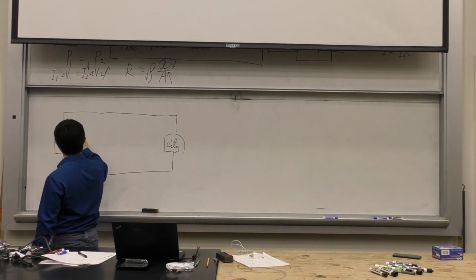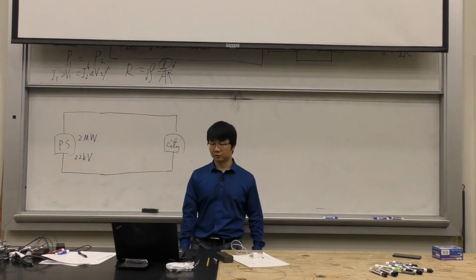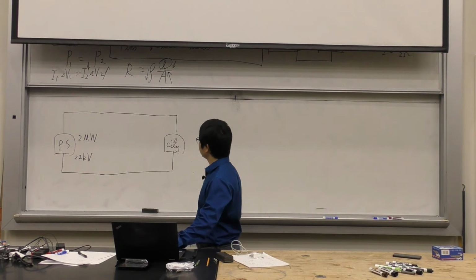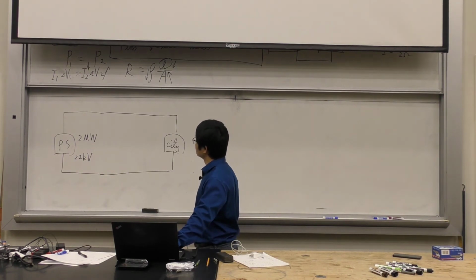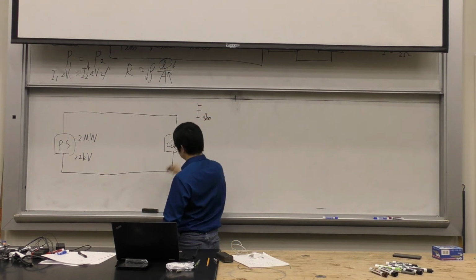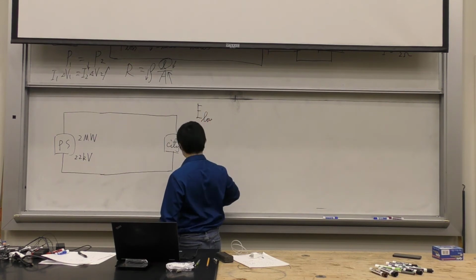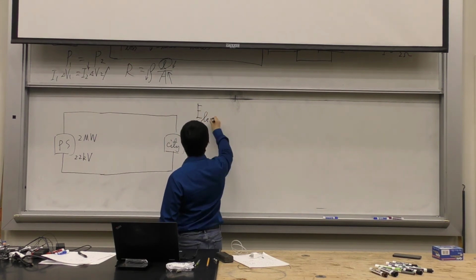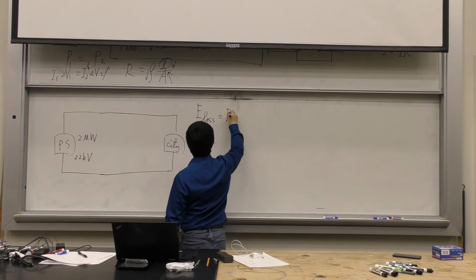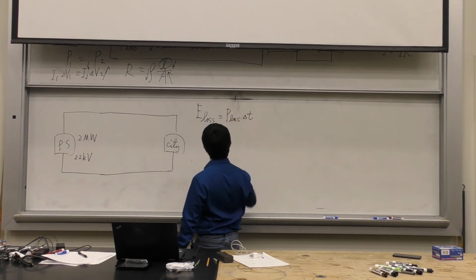And this wants to deliver 2 megawatts to the city, okay? So how do I calculate the energy lost, the energy wasted on these transmission lines? Well, we can do this, right? The energy loss is just going to be the power loss times time, right?